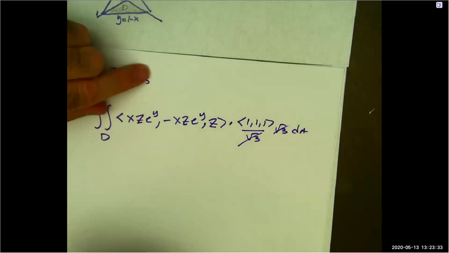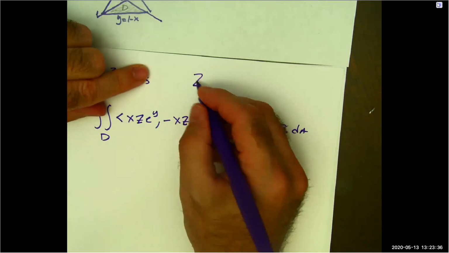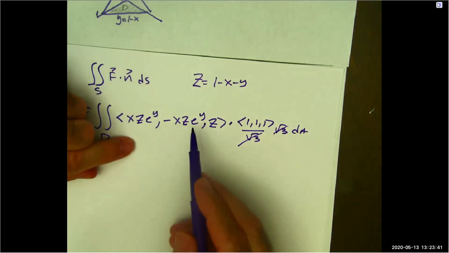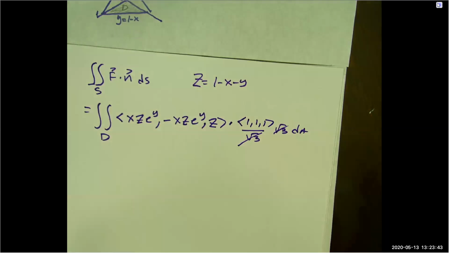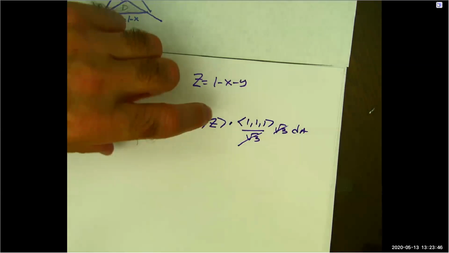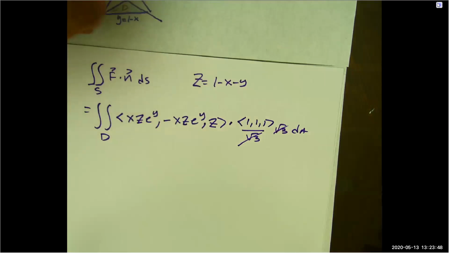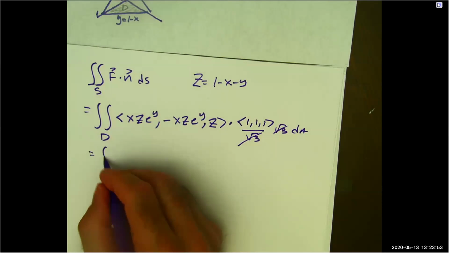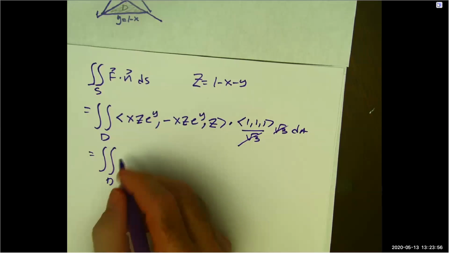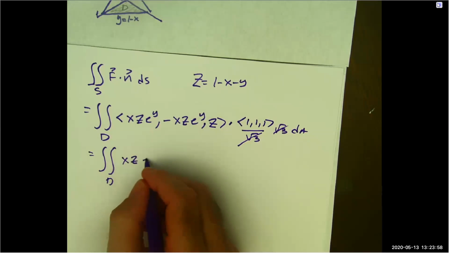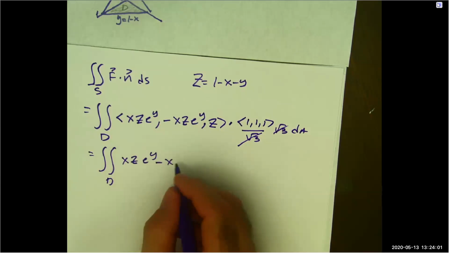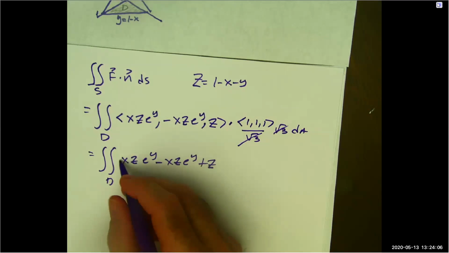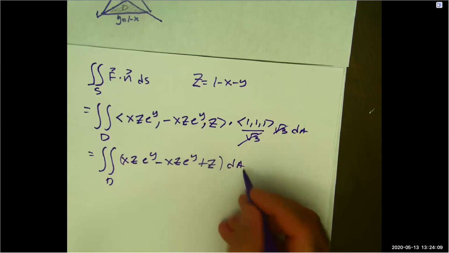Now, one thing to keep in mind is that z is equal to 1 minus x minus y. So I could have put that in here, but I didn't want it to be too huge. So after I simplify this, then I'll go ahead and put in the z. When I do the dot product, it's going to simplify, because I'm going to have xz e to the y minus xz e to the y, and then I get the z dA.